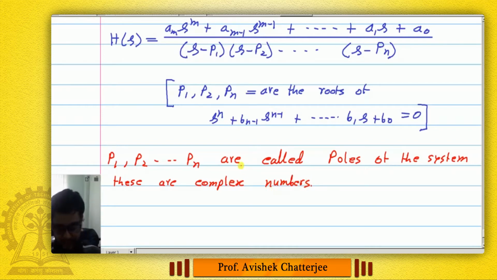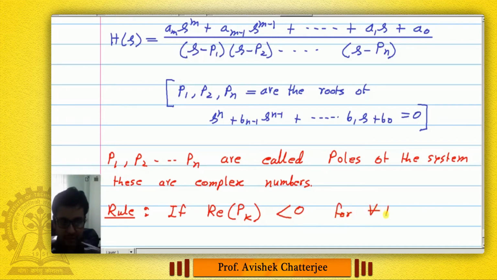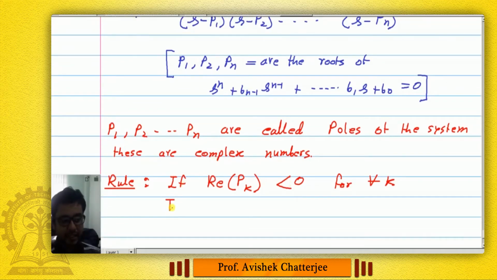And then the rule is, if the real part of pk, for any pole p1 or p2 or p3 etc., is less than 0, that means negative for all k, that means for all poles p1, p2, ..., pn, all these numbers have their real parts negative, then the system is stable.